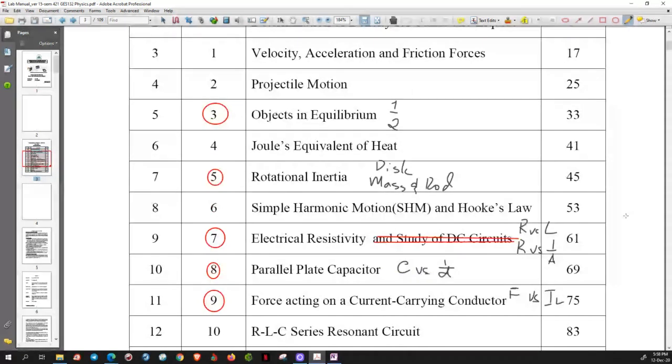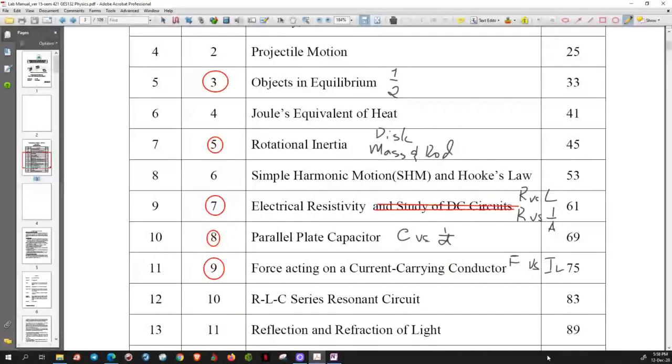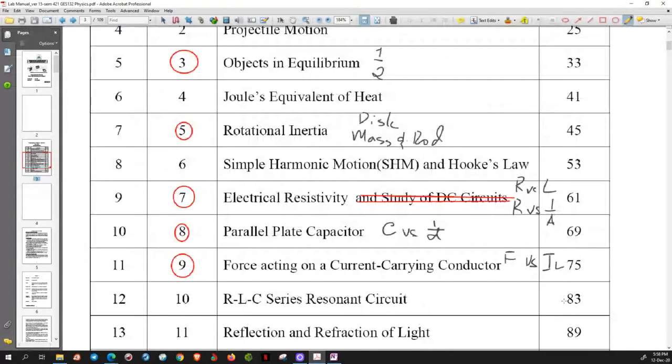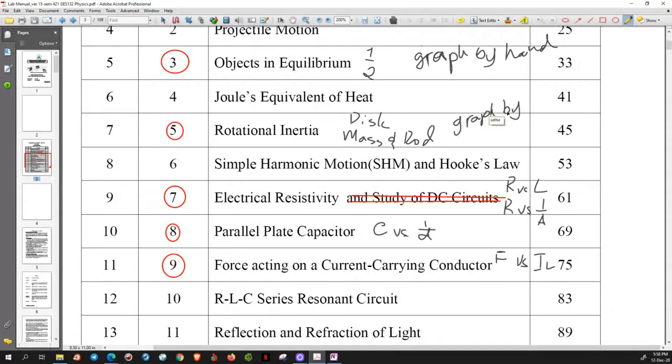Now, I want to point out something, okay? In all these experiments, you have to make a graph. But one of them you have to graph by computer. So this one is graph by hand. That means you have to bring a pencil, eraser and a ruler, okay? Rotational inertia is graphed by computer or PC.